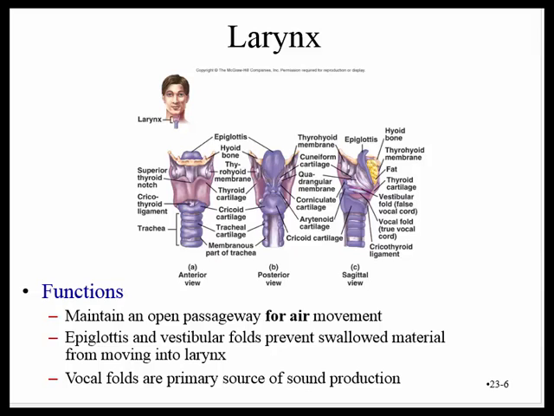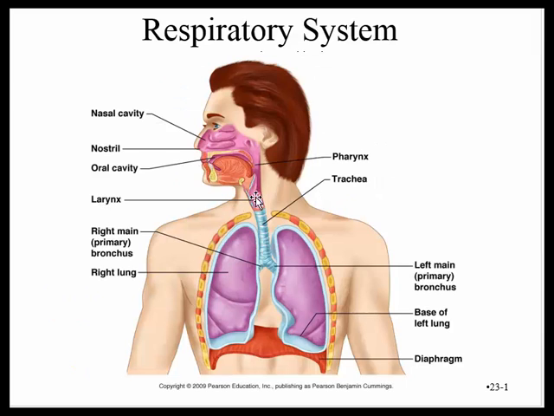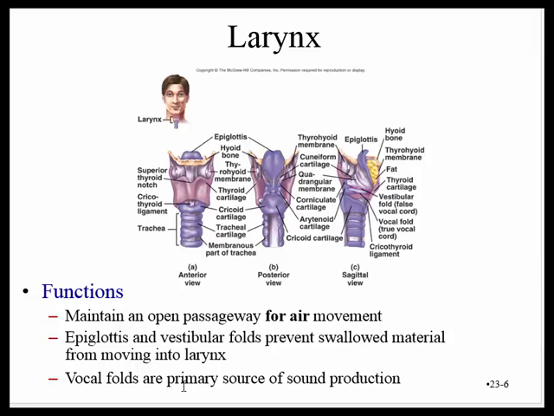So when we look at the picture again, the larynx is right here, and behind it, which is not pictured here, is the esophagus, which is the passageway for food and liquids. It's important that the epiglottis, which covers the opening of the larynx, closes when you're swallowing food and liquids, because only air should be going through the larynx. That's listed here.